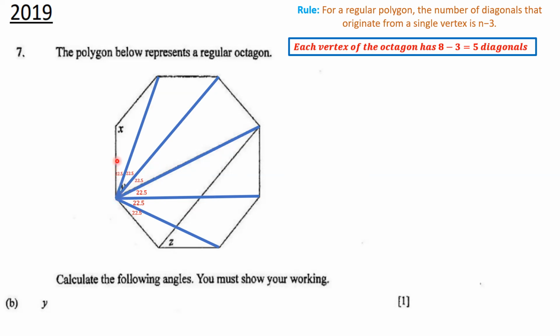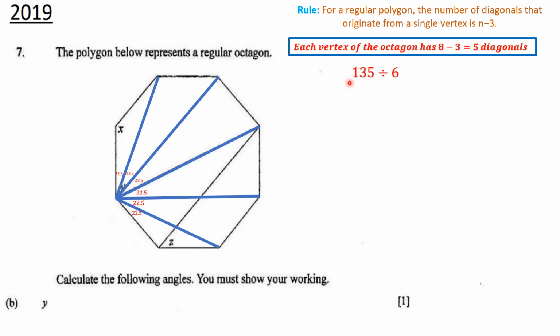Now, how many spaces do we have? We have 1, 2, 3, 4, 5, and 6 spaces. So in order to find the angles for each one of these, we need to take 135, which is our interior angle, and divide it into 6 equal parts.